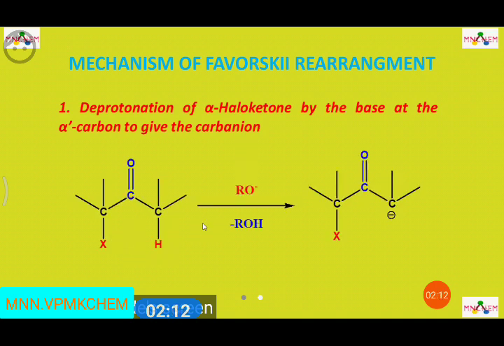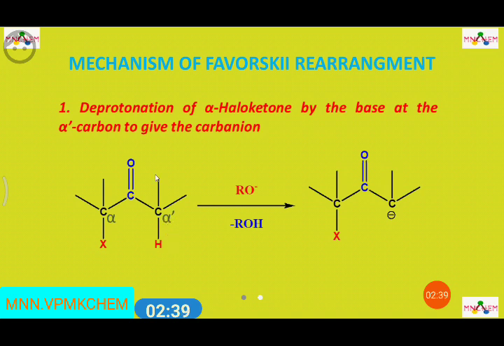Here, in the starting compound, we have two alpha carbons, which can be represented as alpha and alpha dash. The carbon attached to the halogen is designated as alpha, whereas the other carbon, from which the hydrogen is abstracted by the base, is designated as the alpha dash carbon.